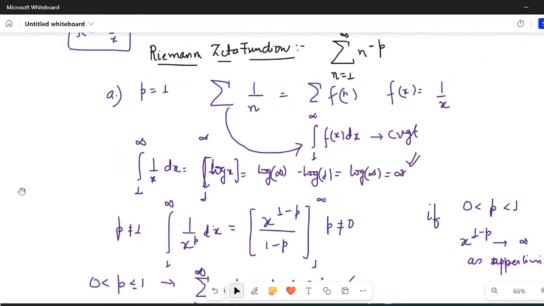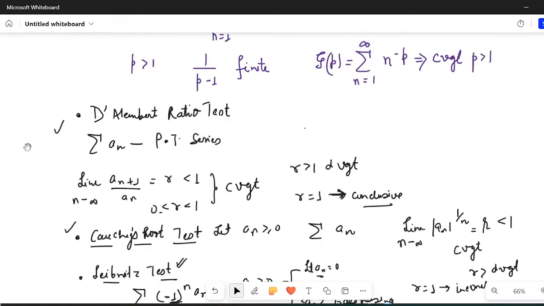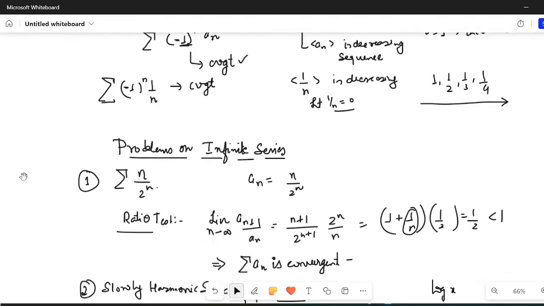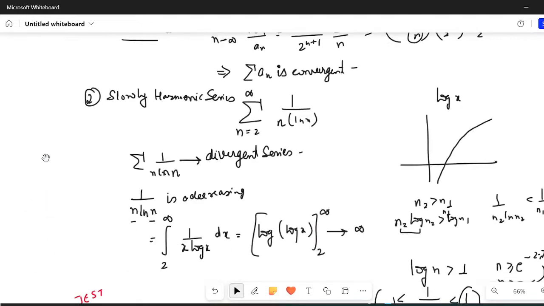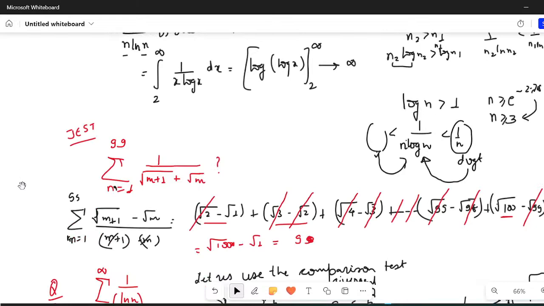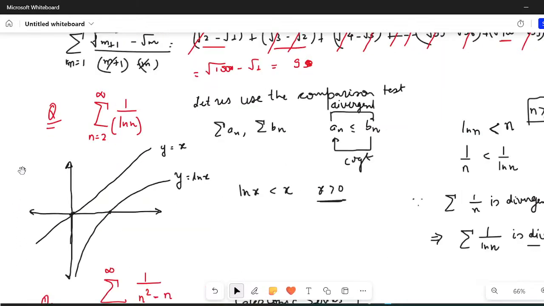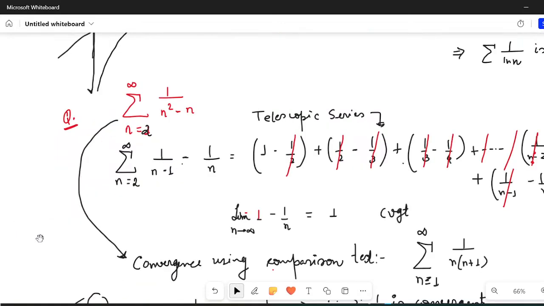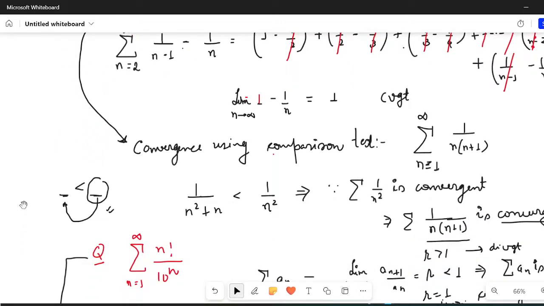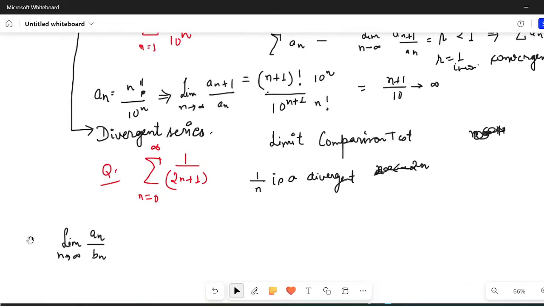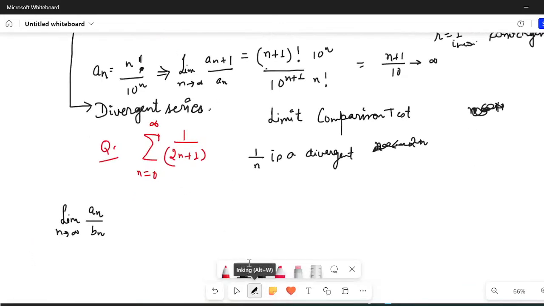Now you see, if I want to use the same test here, how should I do it? So just let me know. I know here there is a linear power in n. I'm giving you summation 1 upon (2n+1), right? What I can do is compare it with 1 upon n. So this is my an and this is my bn.